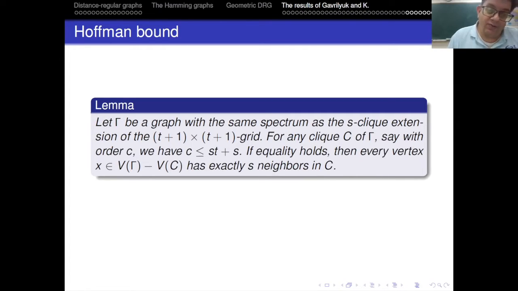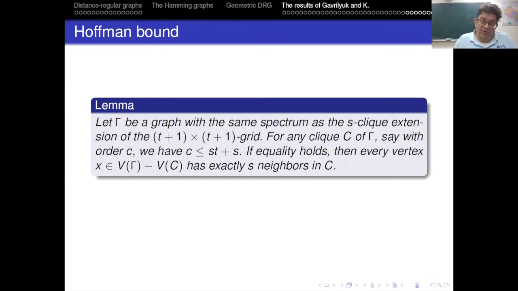And the proof is you use the Hofmann bound. Yes, you say the Hofmann bound is for independent sets, not for cliques. Okay, you're right, I agree with you. But if you apply the Hofmann bound to the complement of the graph, then you look at the independent set, and then you get the bound for the clique of gamma.